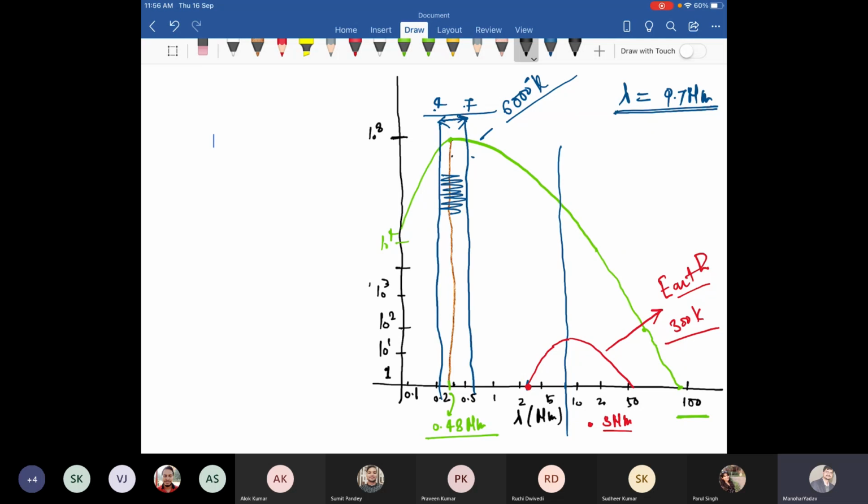Do we have a radiated component from Earth's surface at 1 micrometer? The query is, we have a sensor. Let me further explain this problem.